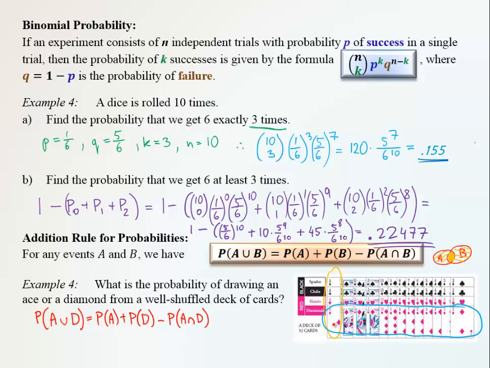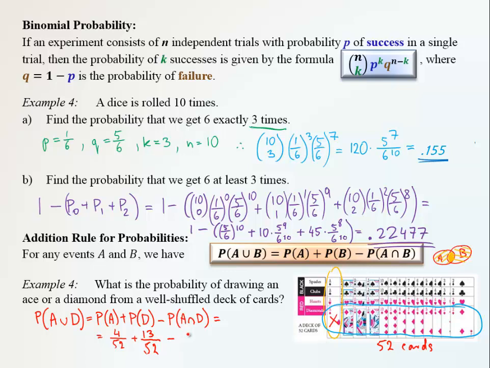We have 4 aces, and the deck of cards has overall 52 cards. There's 4 aces and there's 13 diamonds. Okay, therefore we have 4 aces out of 52 plus 13 diamonds out of overall 52 cards, and then we need to subtract the probability of the intersection, which is just one ace and a diamond.